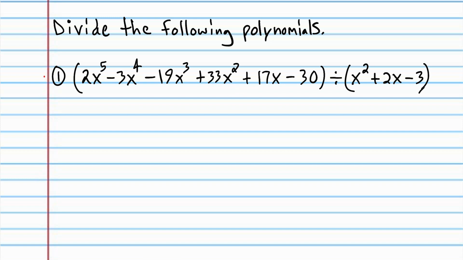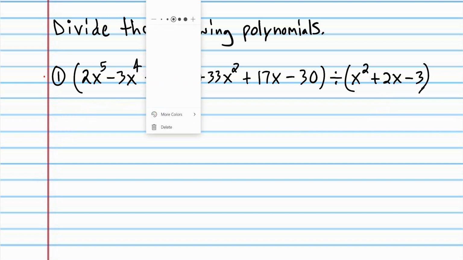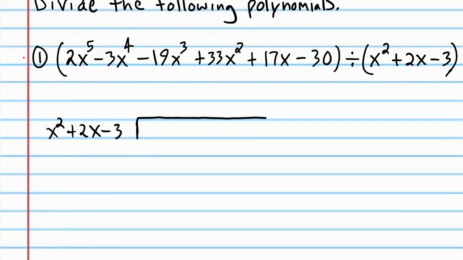The first thing we're going to do is take the divisor and rewrite it over here. And then we're going to write that L shape, and we're going to take the dividend and put it inside here, just like we do with basic long division.